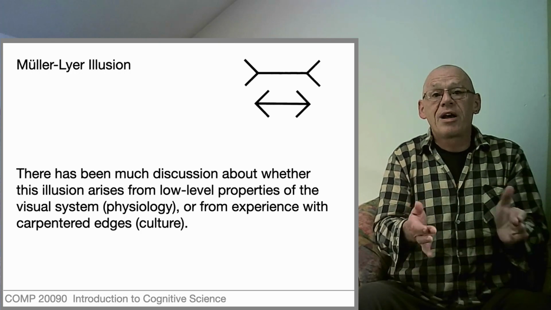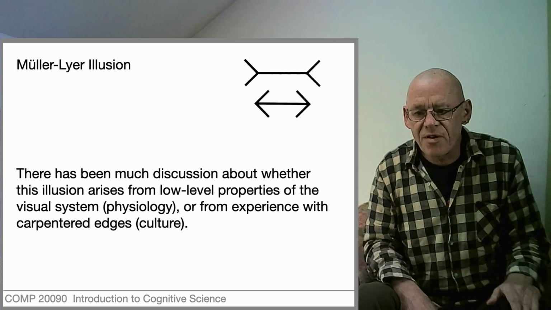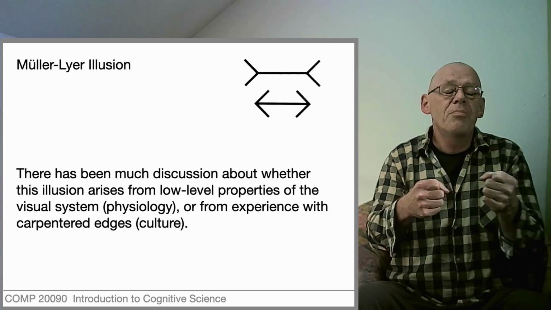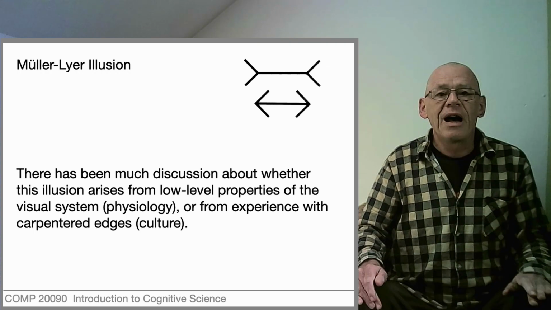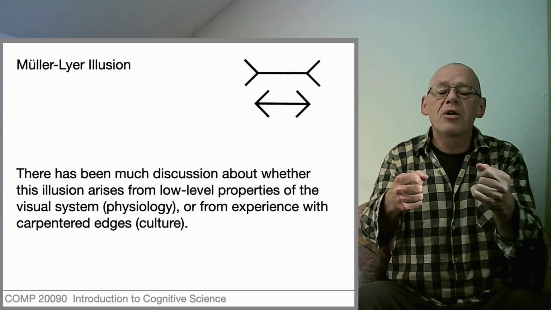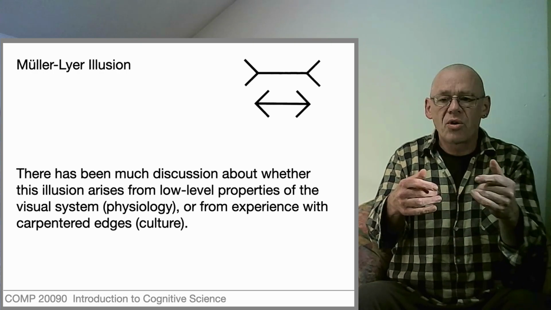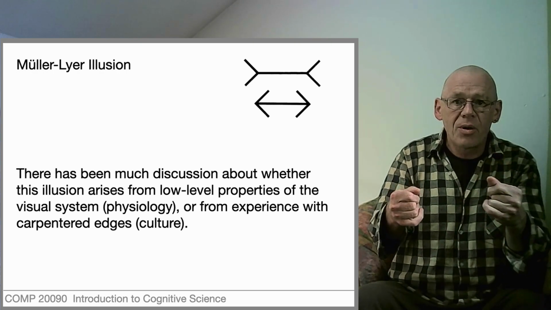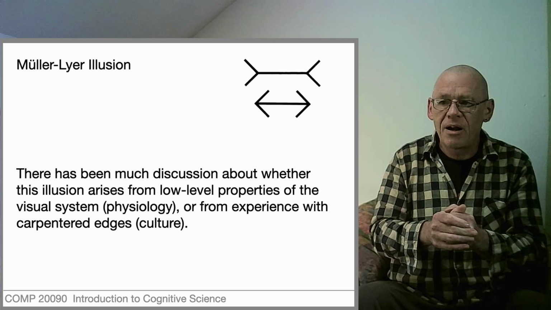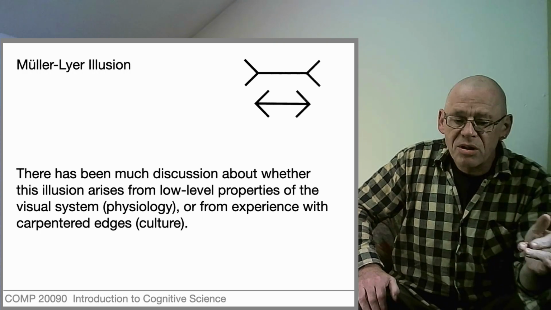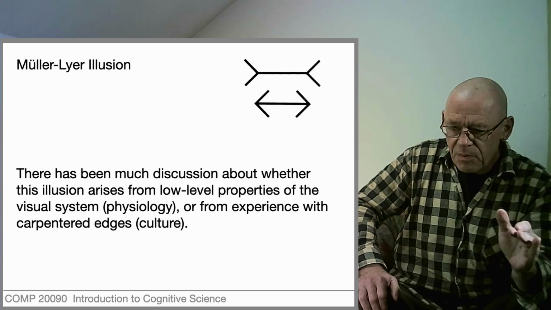The experiment asks you to say, is there a difference? Yes, there's a difference. And then there's a way to measure the strength of that difference by asking you to show how much the apparently shorter line would have to be stretched to be equal in length to the apparently longer line. So we can measure the strength of this effect.